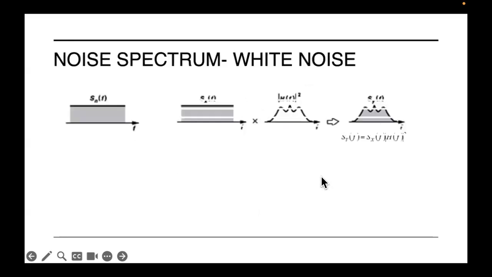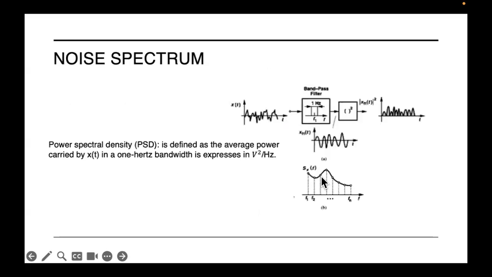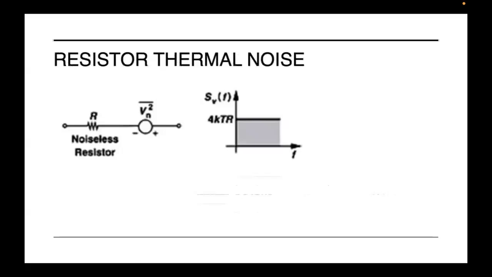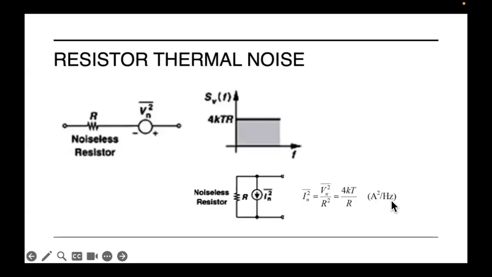So this ends up as voltage squared over hertz, and if it is a current, as you see in this case, it will be ampere squared over hertz. So this is the PSD for a resistance, either in terms of voltage or in terms of current. Okay, that's great. So whenever we have a resistance, we can replace it by either this model or this model, based on which one will make a simpler description for the circuit.